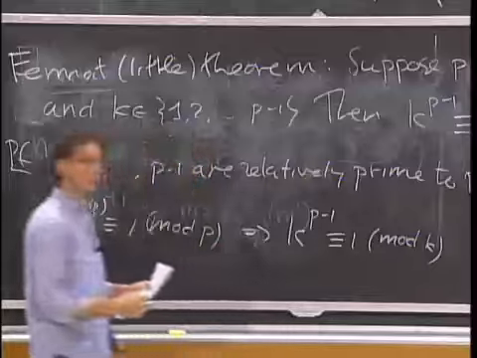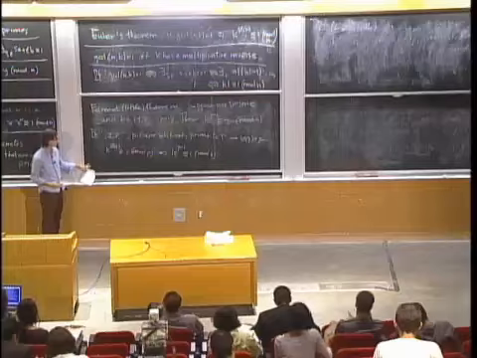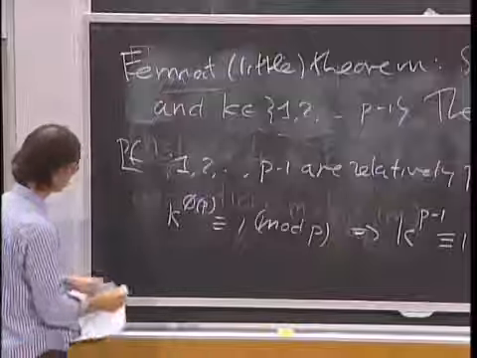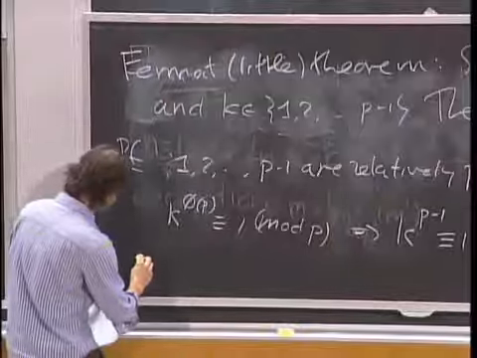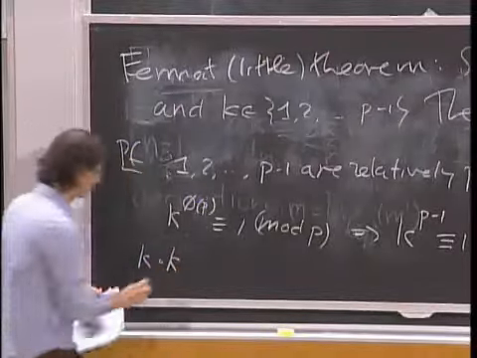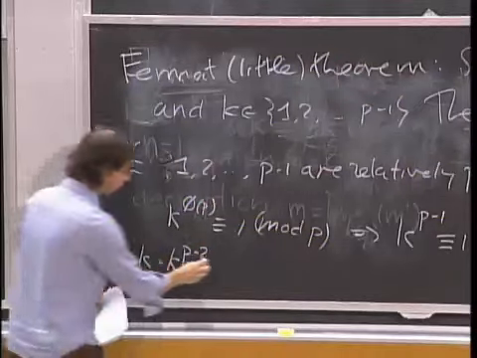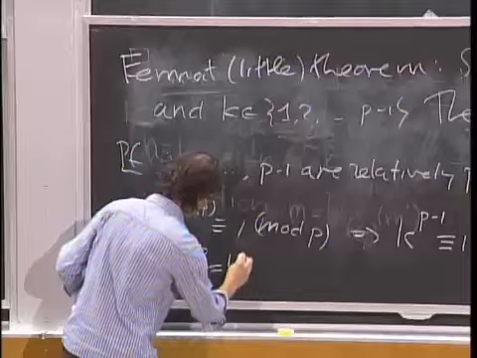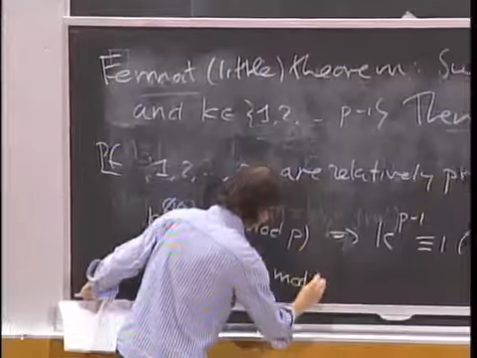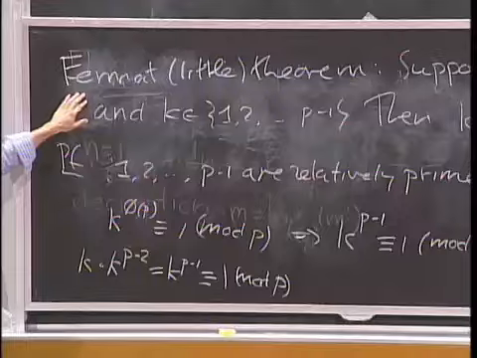Now this is kind of interesting because we can use this theorem also to compute the multiplicative inverse of k in this particular case. So how do we do this? We just take k and look at what happens if you multiply k with k to the power p minus 2. Well, this is equal to k to the power p minus 1, which is congruent to 1 modulo p, according to Fermat's theorem.